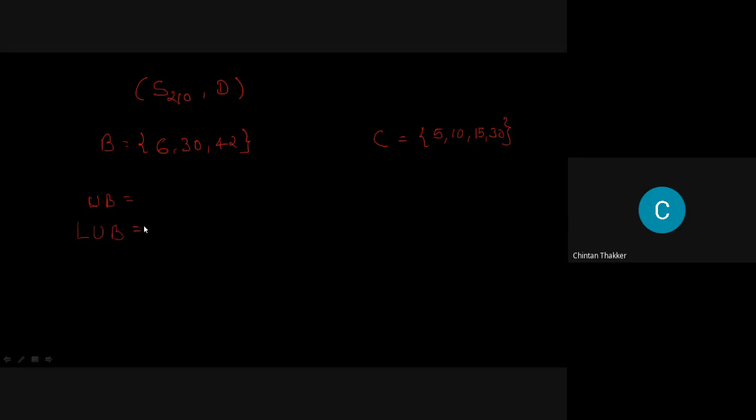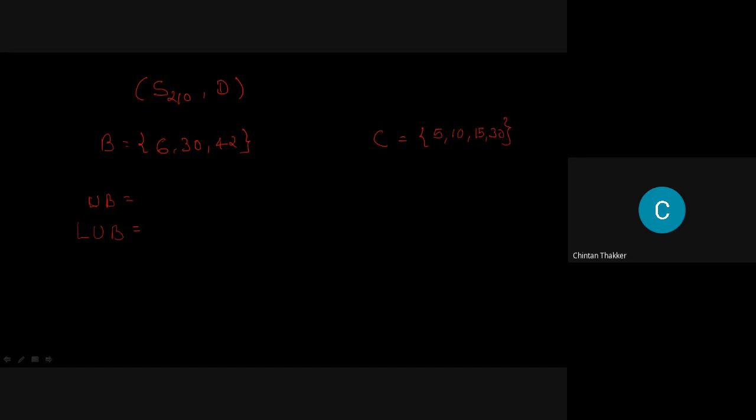So which ones are upper bounds for 6, 30 and 42? For B, which upper bounds will come? So from S210, only one element will have it: 210.